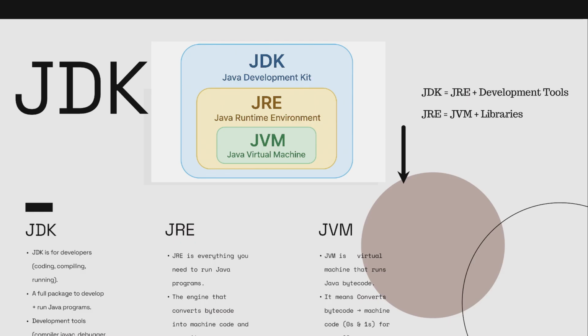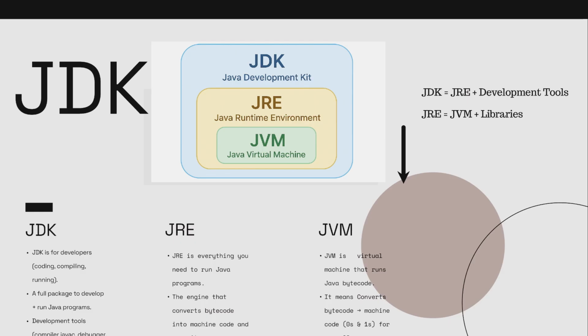So to write, to convert, and to run, all these tools together we can call the Java Development Kit. JDK is a full package to develop plus run Java programs, which contains the JRE, which already has the JVM plus libraries, and development tools: compiler (javac), debugger, Javadoc, etc. The javac compiler turns .java written code into .class bytecode.